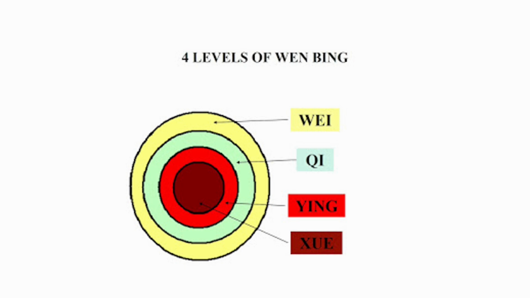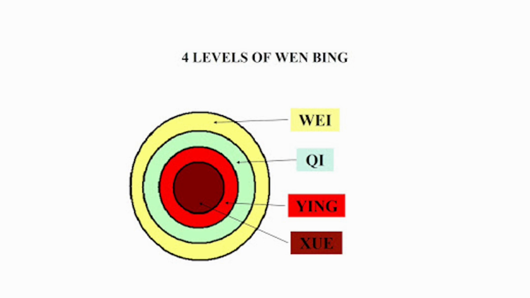When observing a red tongue indicating heat, we should identify the level of the heat in accordance with the identification of patterns according to the four levels. Although the theory of the four levels was developed to explain the symptoms and signs of acute febrile diseases, it can be applied to conditions of chronic heat.